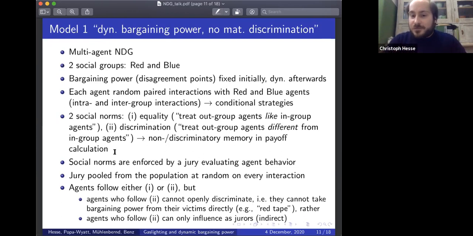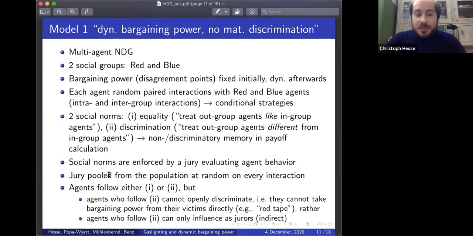So if you have different memories for your interactions with red and blue agents, then if you think of one group as your enemy, you can prepare differently for how you make bids with your enemies than with your friends. So if you do discriminate, the agents in the Nash demand game behave differently because of these memories. And agents who follow this norm of equality, they have one joint memory where it has both red and blue agents. So it's all one and the same. And this is how the social norm is implemented.